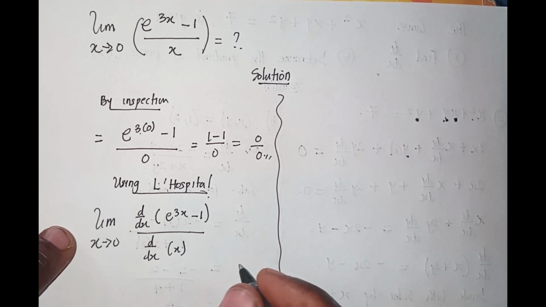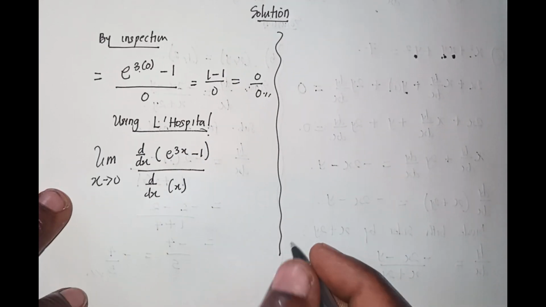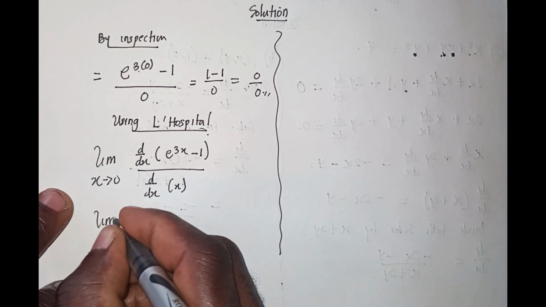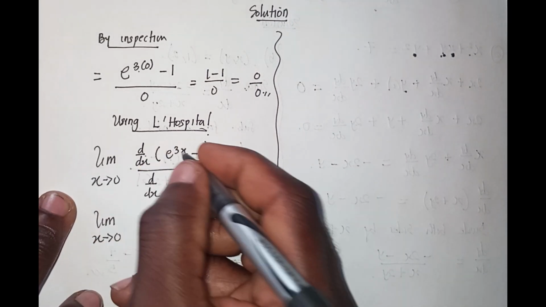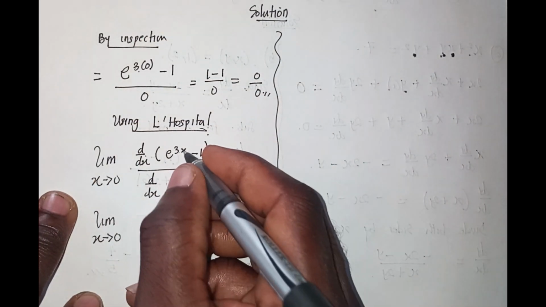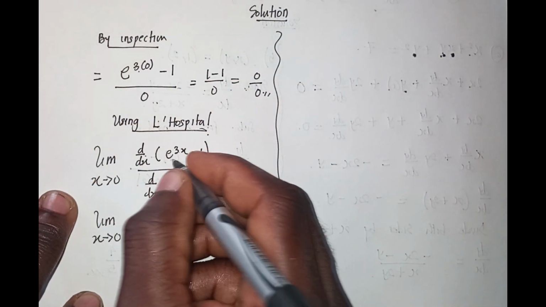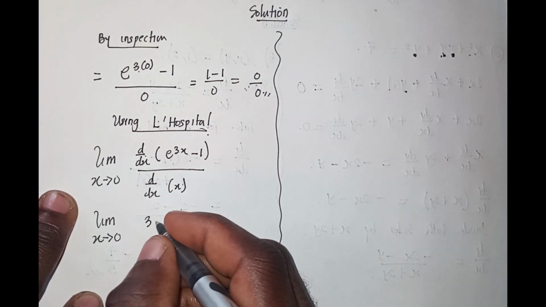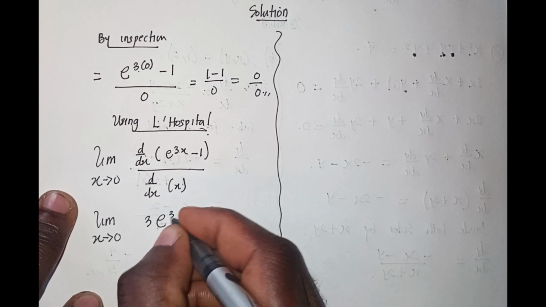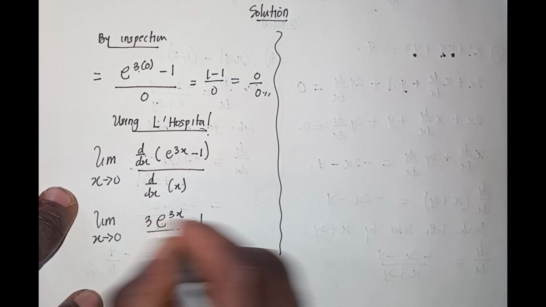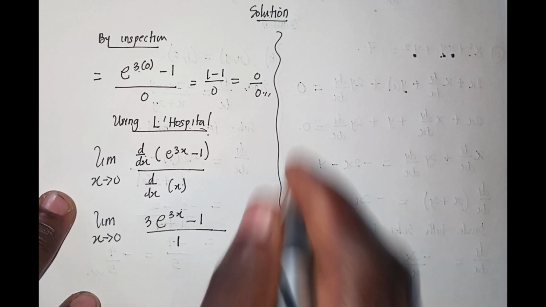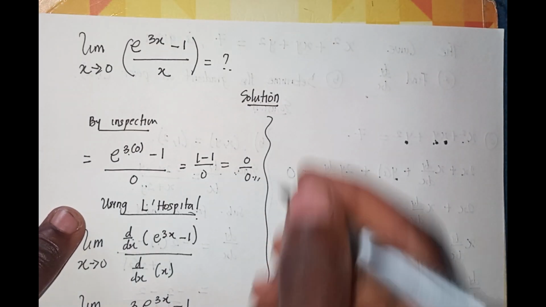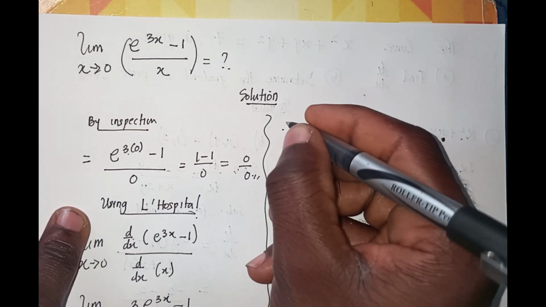You can see it now. That simply means our question is going to change form. The derivative will now be 3e raised to power 3x minus 1 over 1.